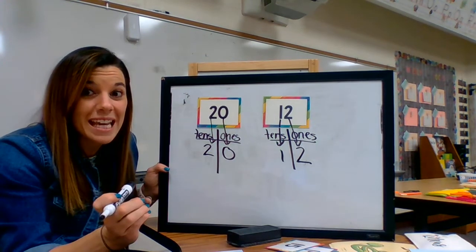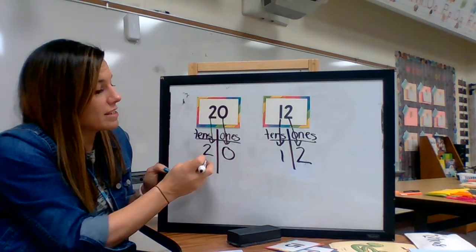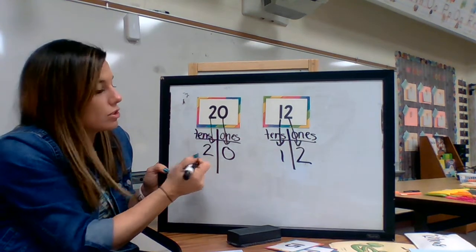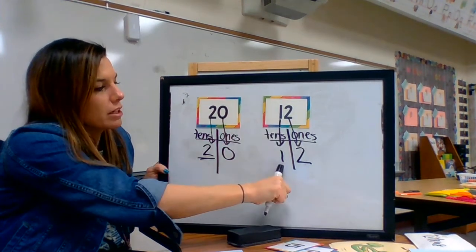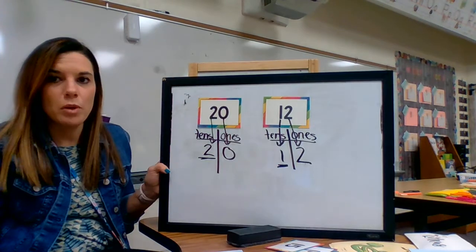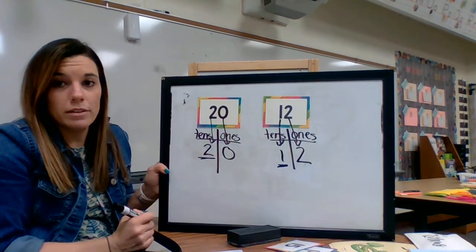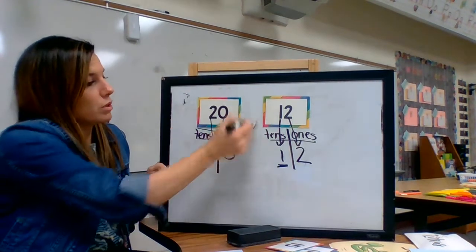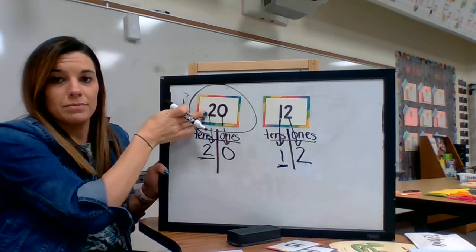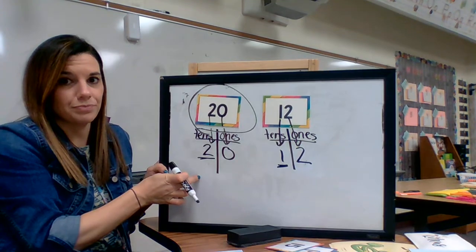The tens place. So let's look at this tens place. How many groups of 10 are here? 2. How many groups of 10 are here? Only 1. We don't have to do anything else because 2 is bigger than 1, so that tells me that the number 20 is bigger. You see how I did that?